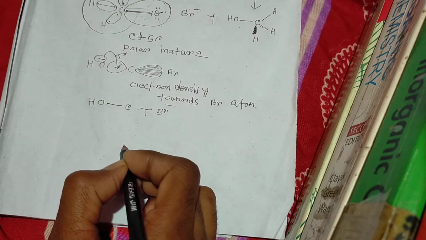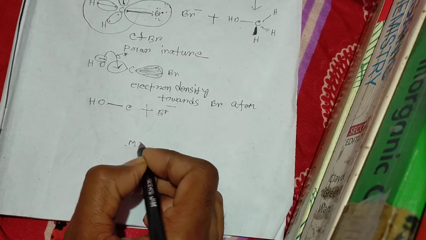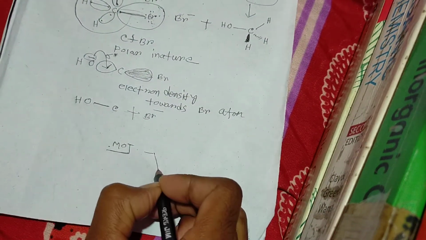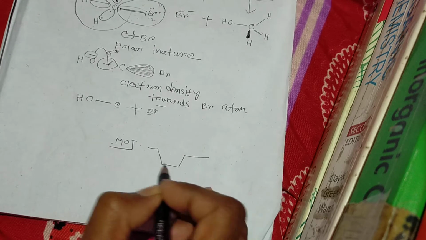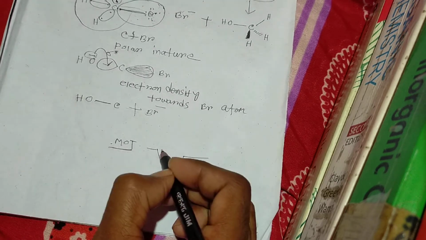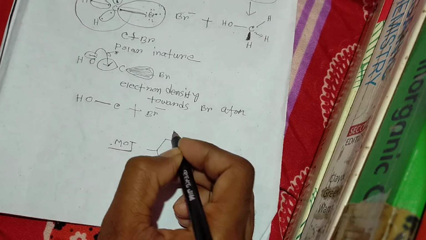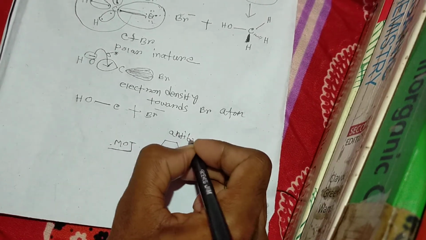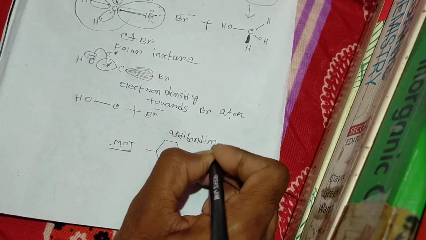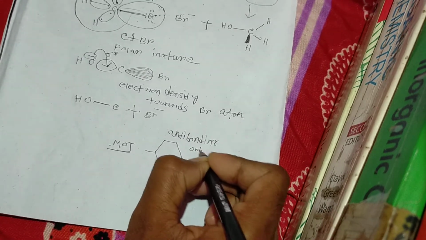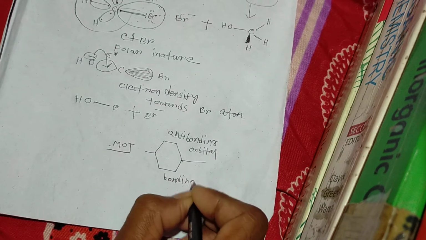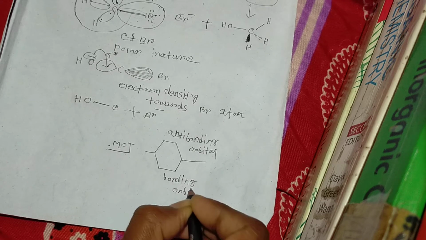Why? Here we see molecular orbital theory. When a bond formation occurs, there is a bonding orbital and an anti-bonding orbital.